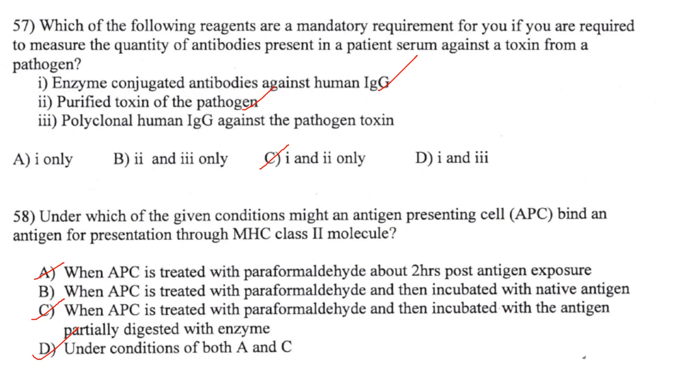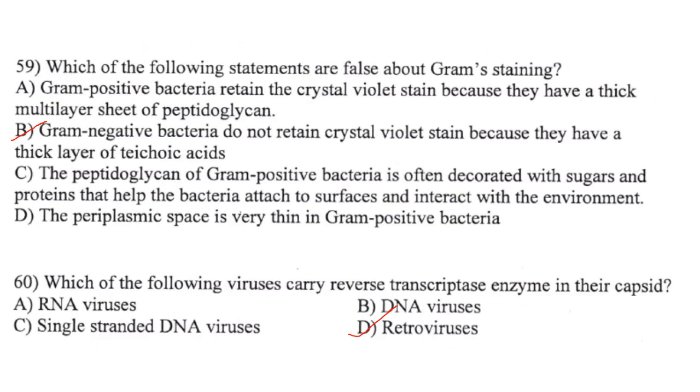No. It should be post-antigen exposure. Then next one, when APC is treated with paraformaldehyde and then incubated with antigen partially digested with the enzyme. That is also correct. So the answer here is option D, that is both A and C are correct.